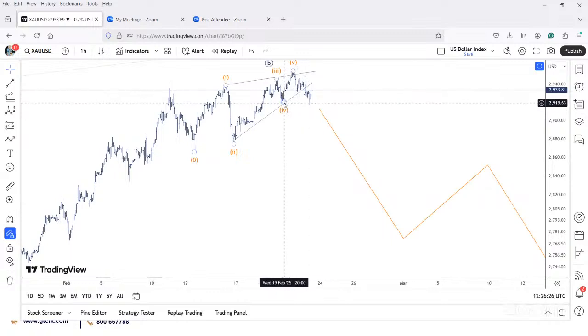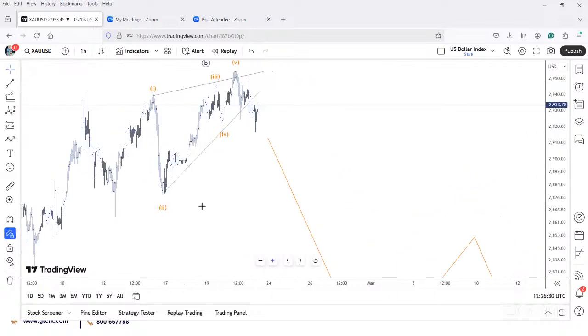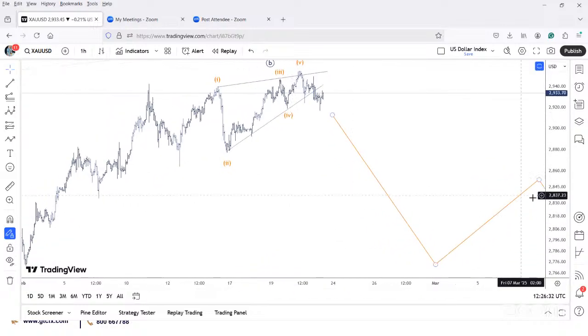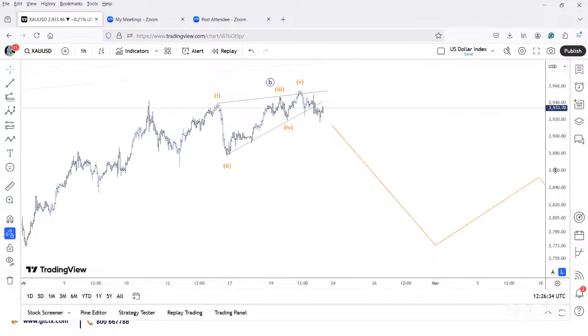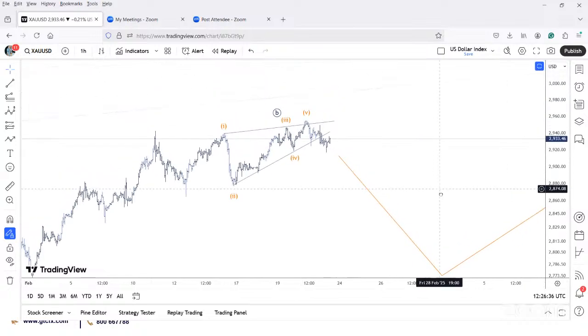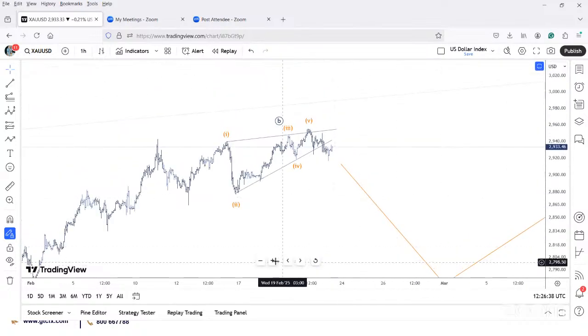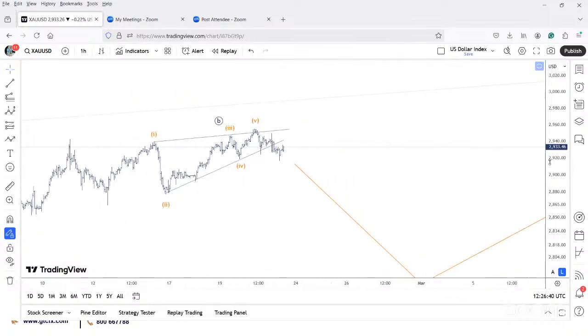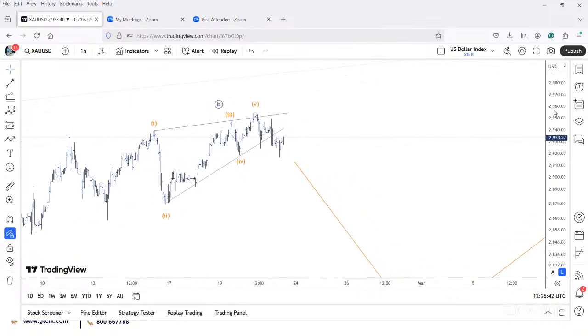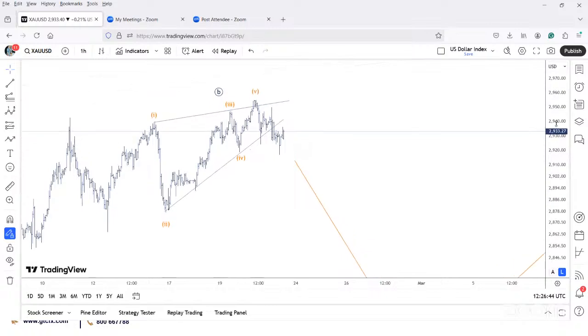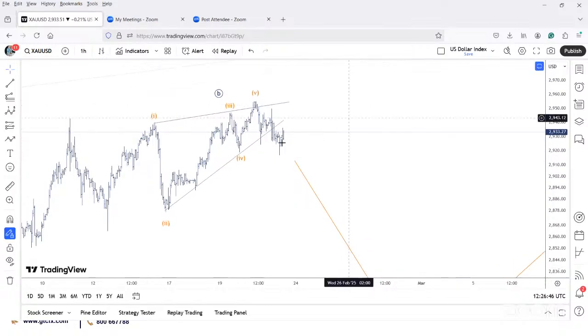Day before yesterday, when we were in the live session here, I think it was the Wednesday Hindi live session, we had discussed that if a major top is in place, the first step should be a break below 2919, which we have already gotten here.